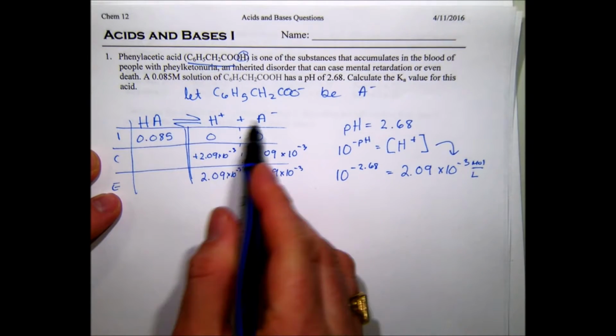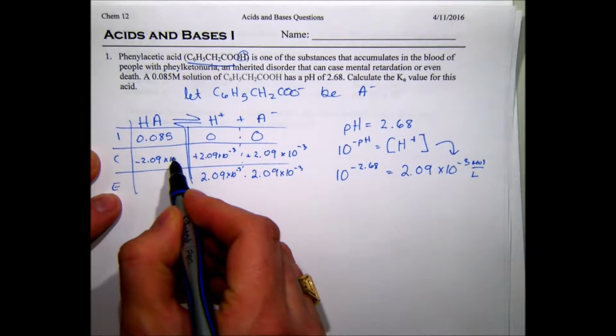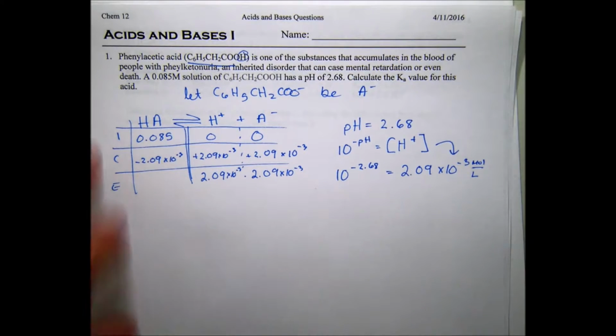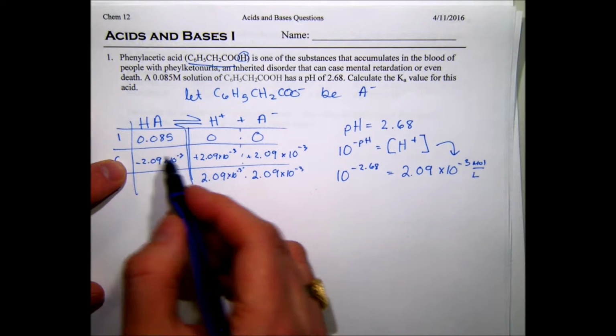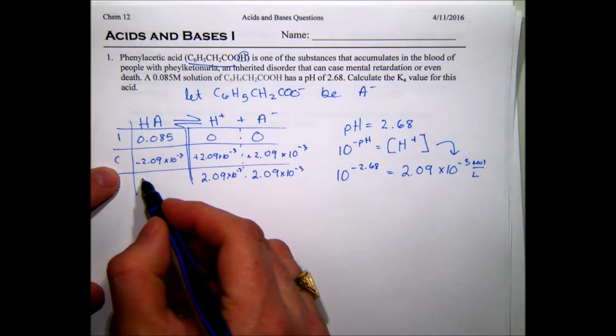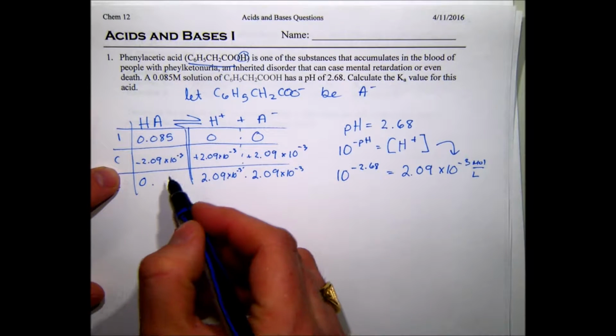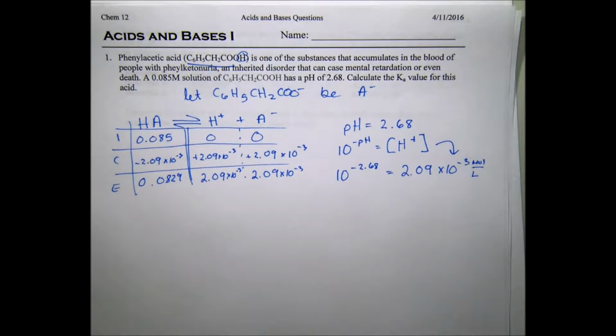But again, 1 to 1 to 1 means that I must have lost that much for this. So now we just add up our lines. 0.085, take away this amount. This is significant at this particular point, and we end up with 0.0829 as the equilibrium value.